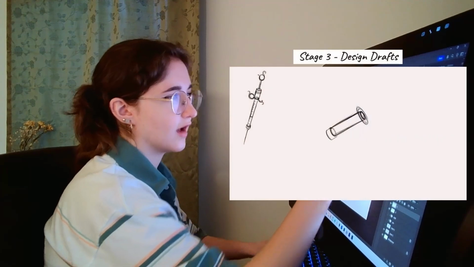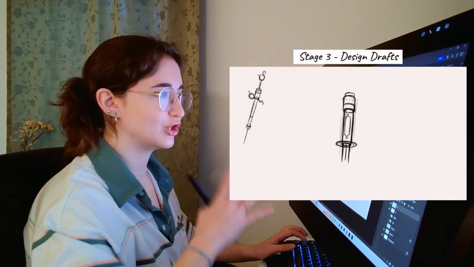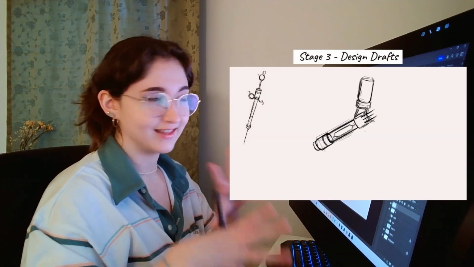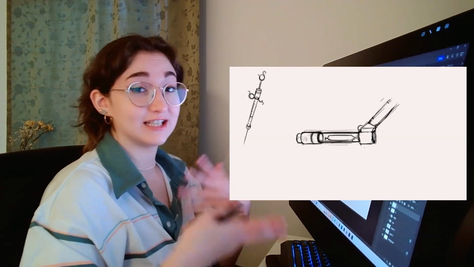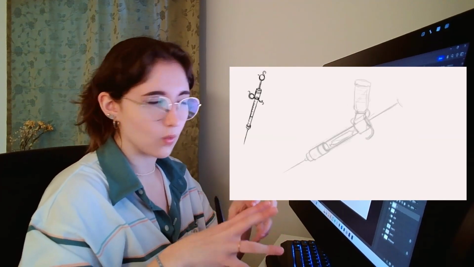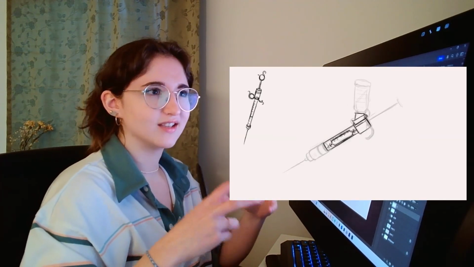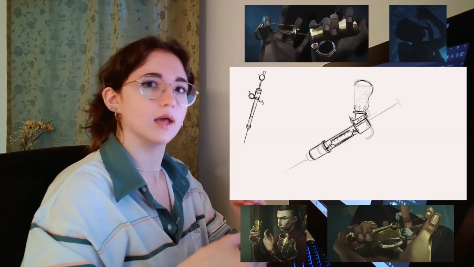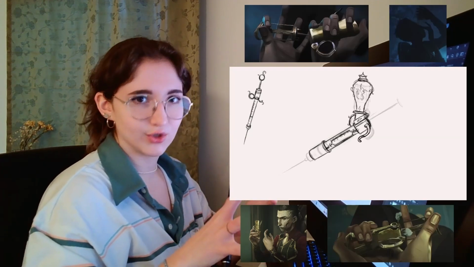Her Instagram is below. So right now, while I'm working on the drafts, I really want to pay attention to really pushing the needle shape and looking at different types of needles, like needle guns, for example Silco's eye needle gun thing from Arcane. That's a super cool needle design.